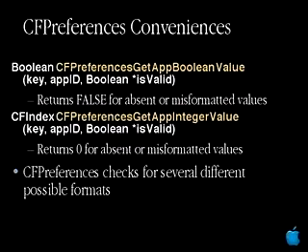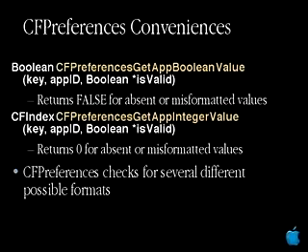Okay, so there are a handful of convenience functions. A lot of times when you're reading a preference value, you just want a Boolean value, true, false. Other times you need to store an integer value. So that's what these two functions are intended for, CFPreferencesGetAppBooleanValue and CFPreferencesGetAppIntegerValue.